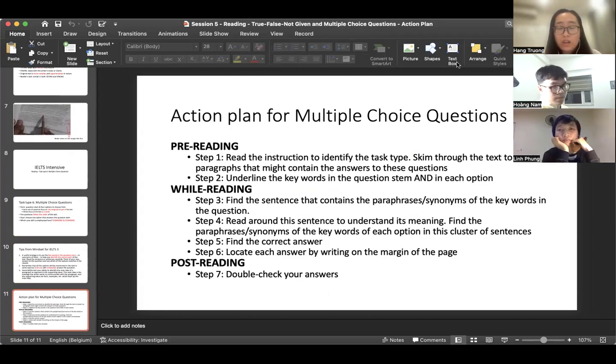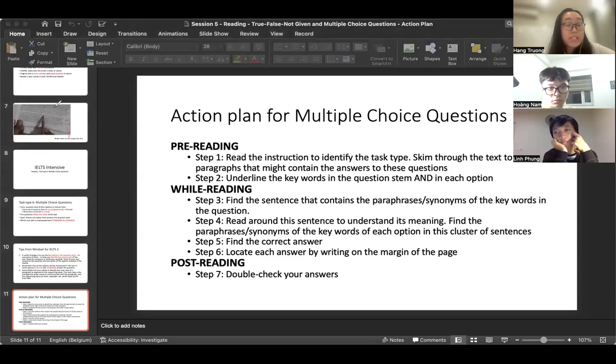I put it here right away so that now that we learn about multiple choice questions, we can go back to the exercise that we just did at home and finish the other 3 questions. Very similar to what we studied already with the first 5 task types. Again, pre-reading, you have work to do.